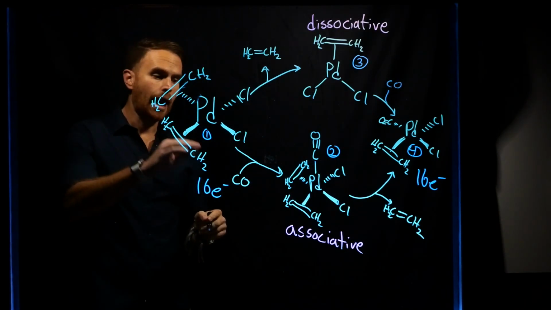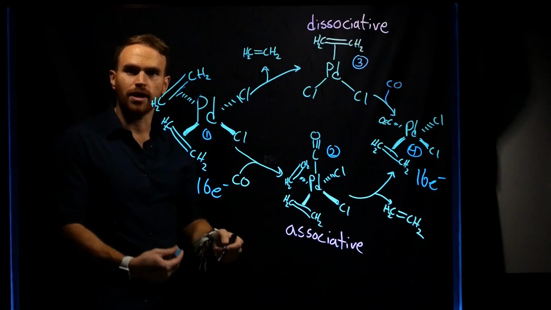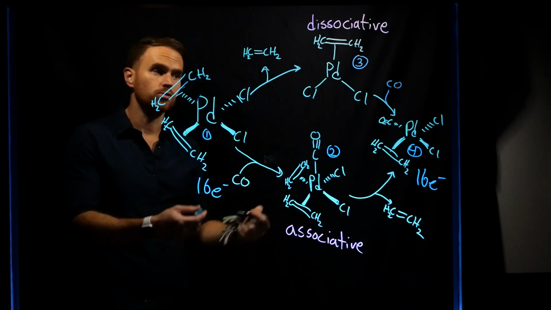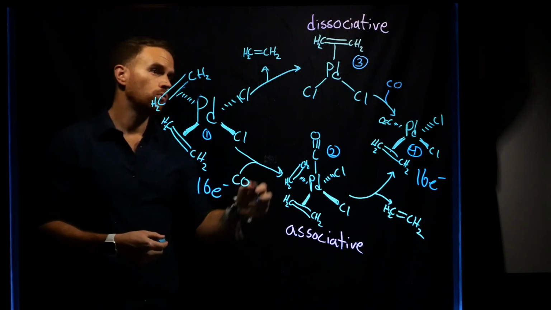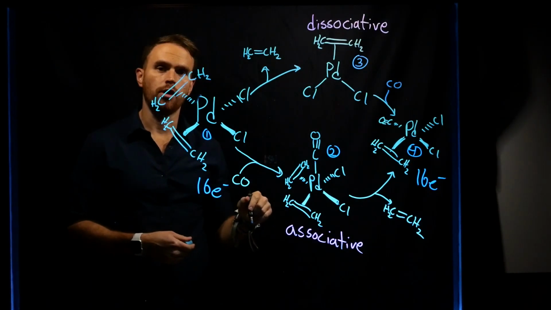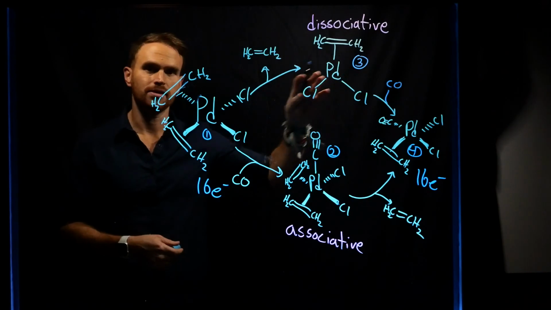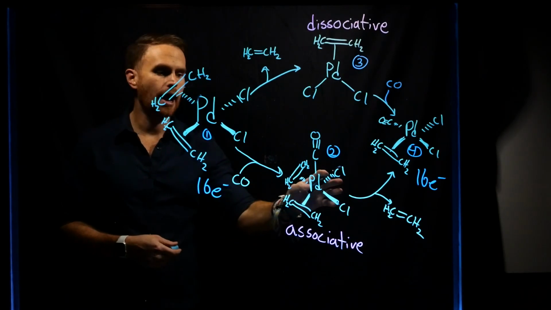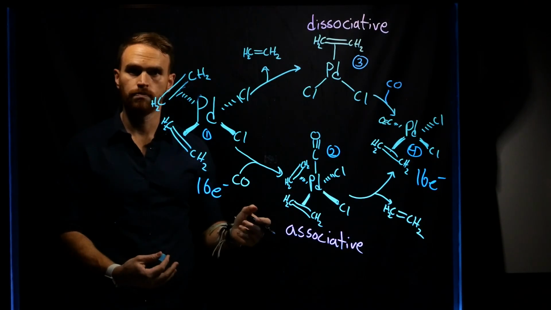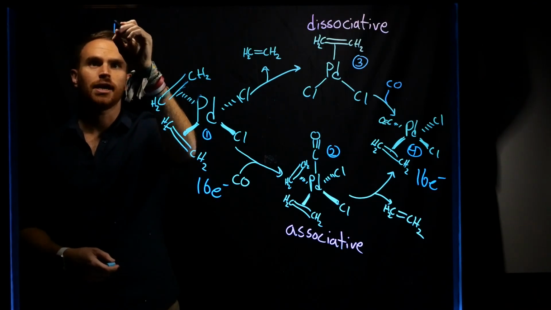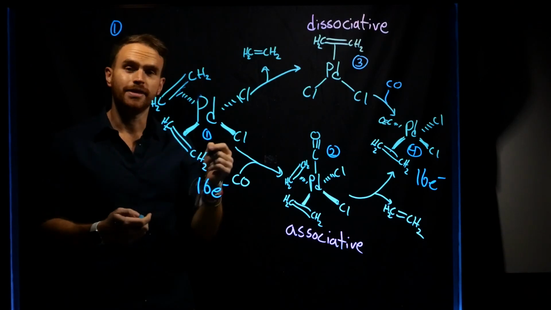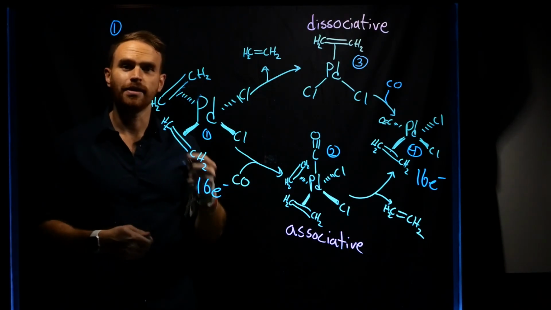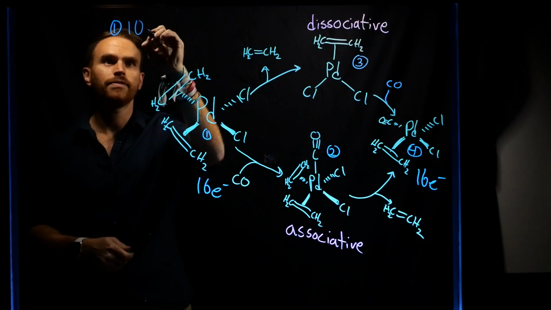So, how can we use the 18 electron rule to predict which pathway this reaction is going to progress? We can figure out how many electrons are contained in this coordination complex and how many for compound 2. So we do the same as before, the number of valence electrons for the metal. In this case, palladium has 10 valence electrons.